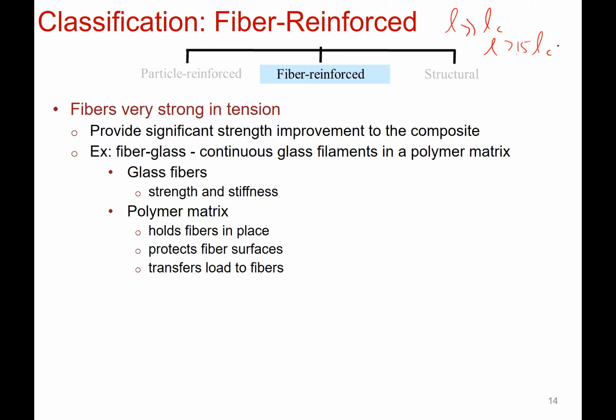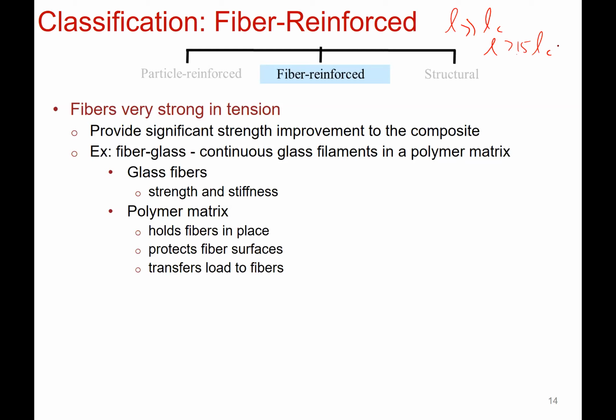So why would you want to add fibers? They're very strong in tension, so they'll provide significant strength improvement to the composite. What you typically experience is fiberglass. That's continuous glass filament in a polymer matrix. In this case, the glass fibers increase strength and add higher stiffness, while the polymer matrix holds all the fibers in place, protects them from the environment, and transfers the load.